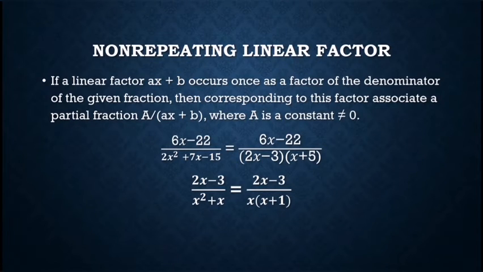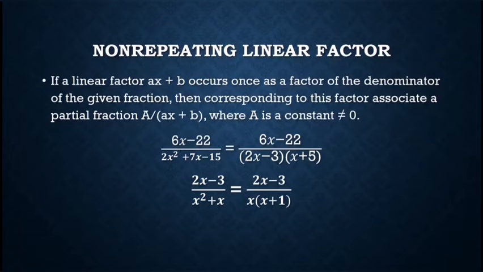So let us have an example. First, 6x minus 22 all over 2x squared plus 7x minus 15. We could factor the denominator as 2x minus 3 times the quantity x plus 5, so we could write it as 6x minus 22 all over the quantity 2x minus 3 multiplied by the quantity x plus 5.